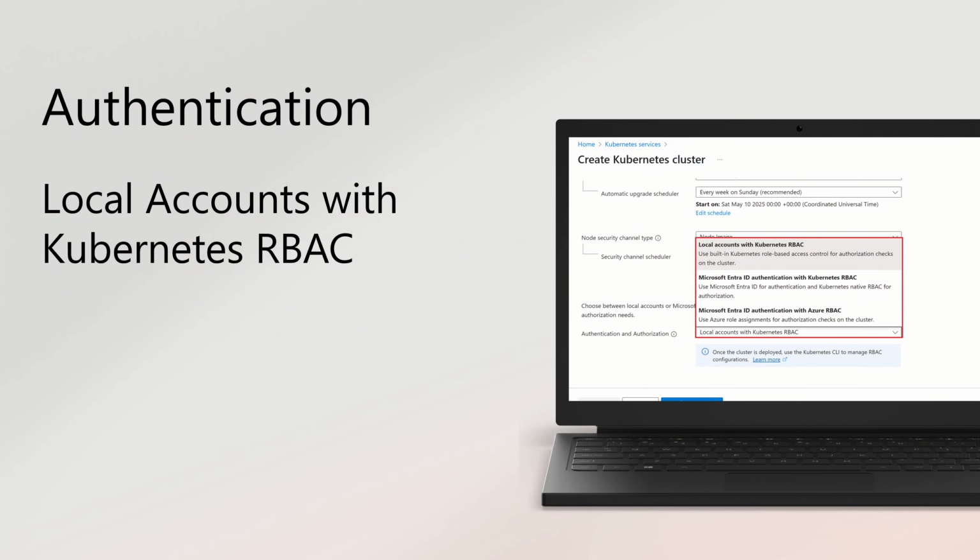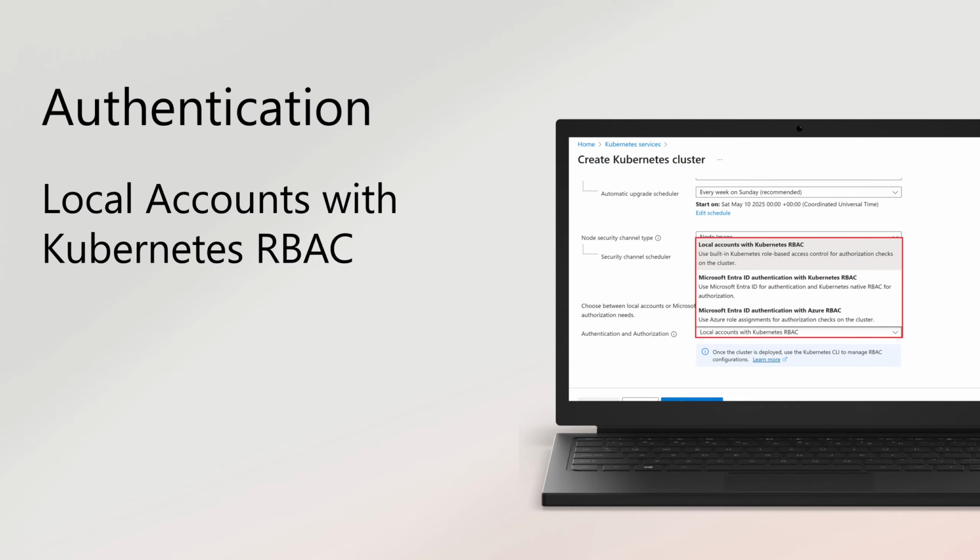And with this, let's get started and talk about authentication and authorization in AKS. So when you create a new AKS cluster, you have the option to select between three authentication modes. The first one is called local accounts with Kubernetes RBAC. That's the default one.